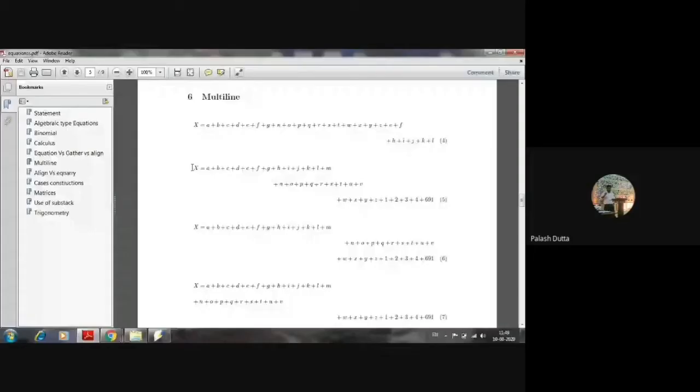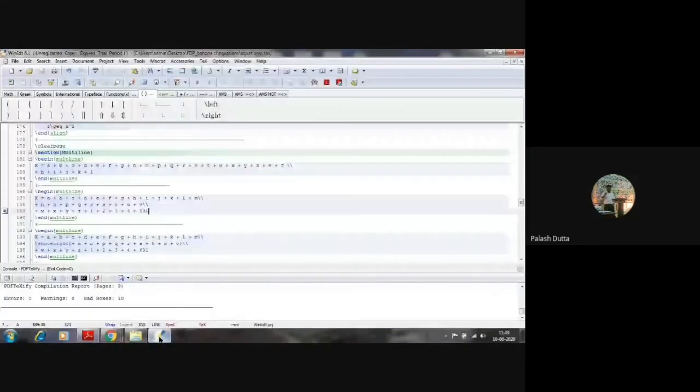Using this expression, the characteristic is that the initial line will be left justified, while the middle one will be centered, and the last, the third, will be right justified. The number is coming because we are writing multline; it will give the number. If we use the asterisk symbol, then the number will not occur. So check.